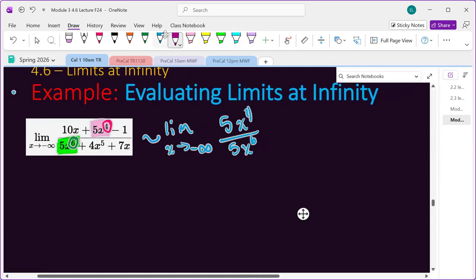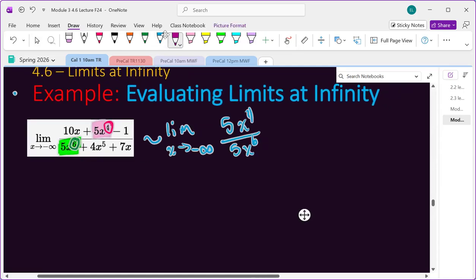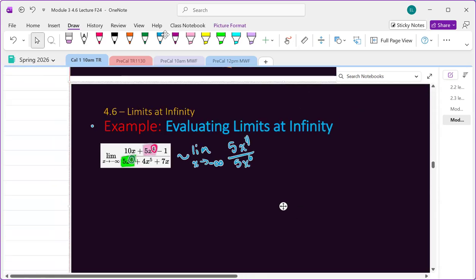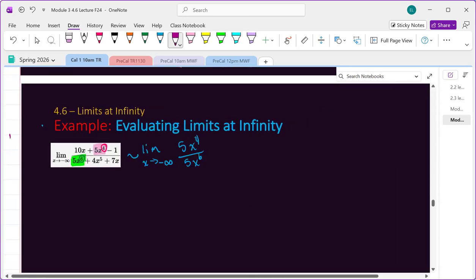Now that fraction, now that I don't have all the other terms, I can just reduce that as a fraction. And I'd end up with 1 over x squared.